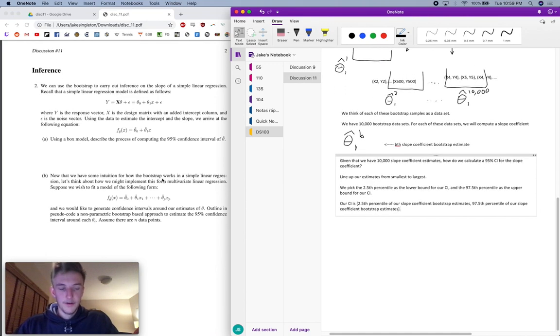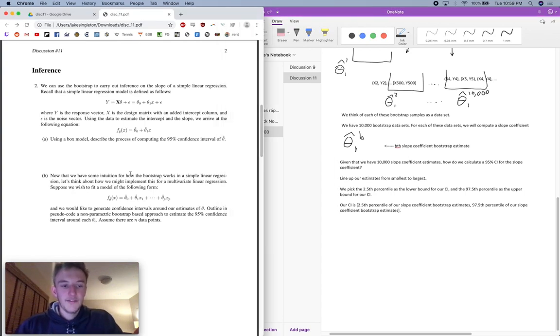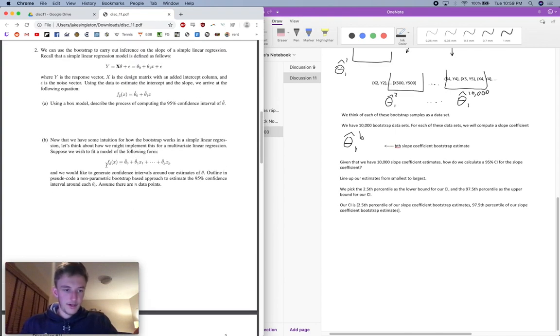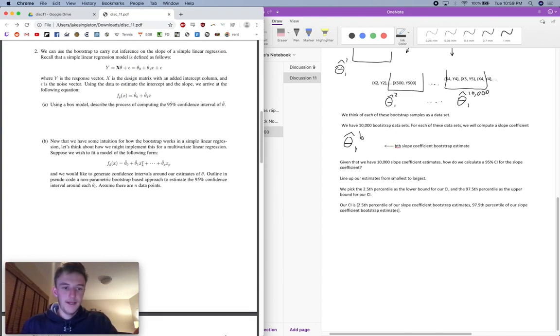Okay, great. So part B says, now that you have some intuition for how the bootstrap works in a simple linear regression setting, let's think about how we might do this for multivariate linear regression. So remember, in multivariate linear regression, we have our model given by, we include a bunch of predictors, and therefore we have more than one slope coefficient.